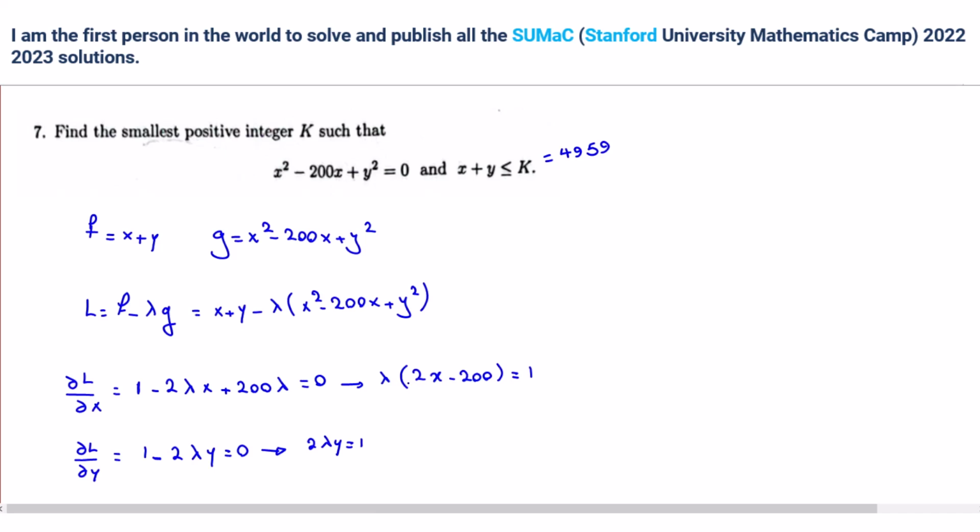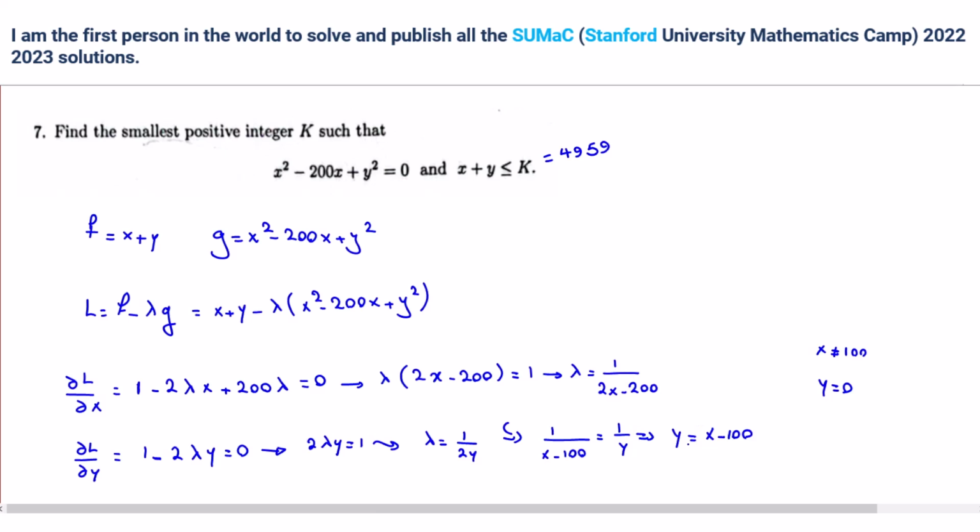Now, this one, x minus 100, is not 0, because if it is 0, then the product is 0, not possible. So lambda is 1 over (2x minus 200). For this one, again, y is not 0, because if it is 0, then it cannot be 1. Lambda is 1 over 2y. Because they are equal, we can cancel, so y is equal to x minus 100.